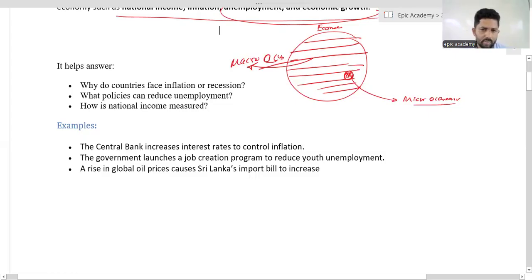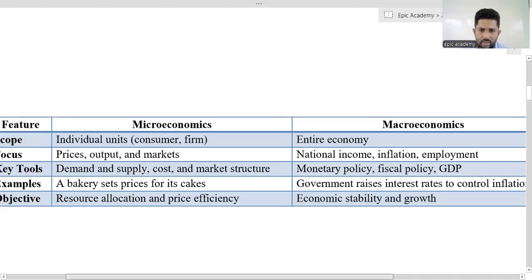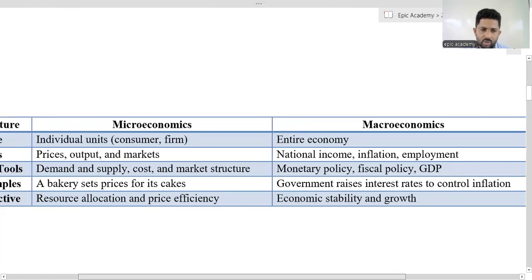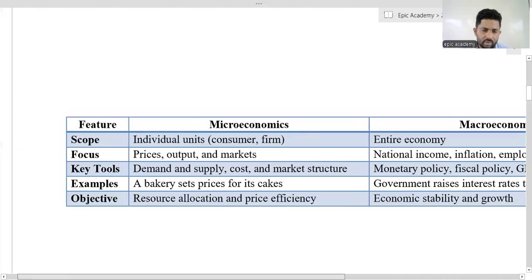First one, subject or scope. In microeconomics, we consider individual units, consumers or firms. But in macroeconomics, we focus on the entire economy at once.